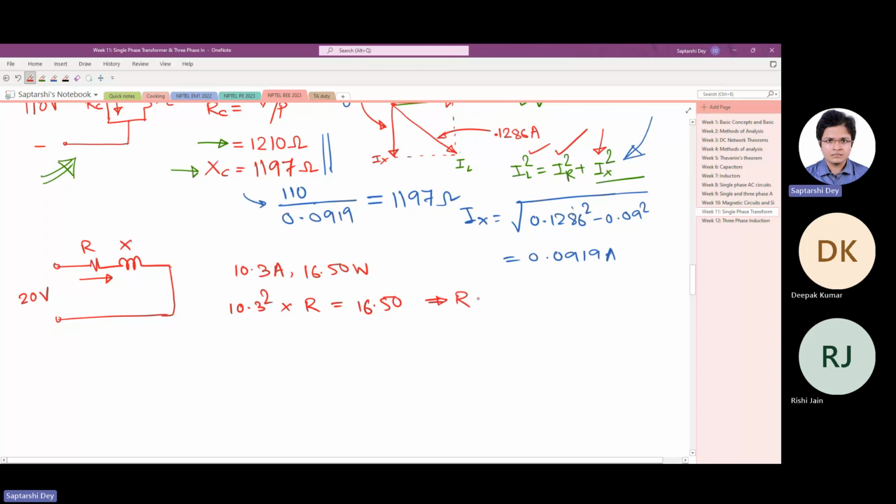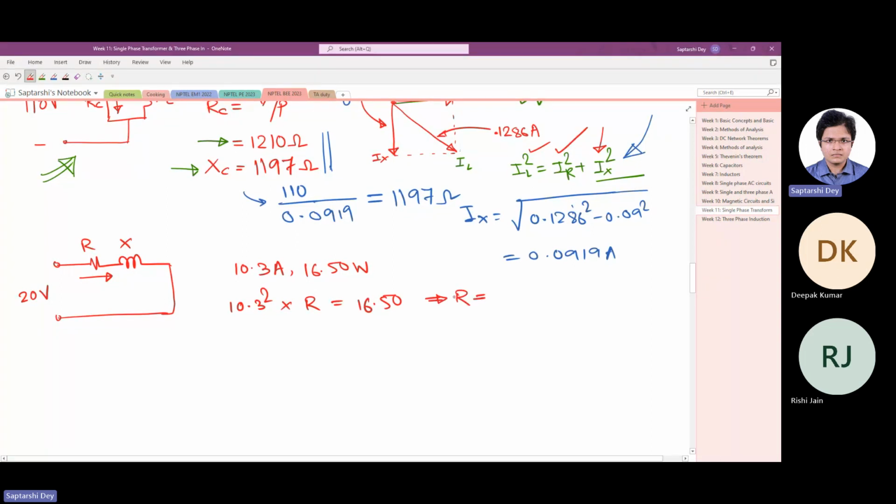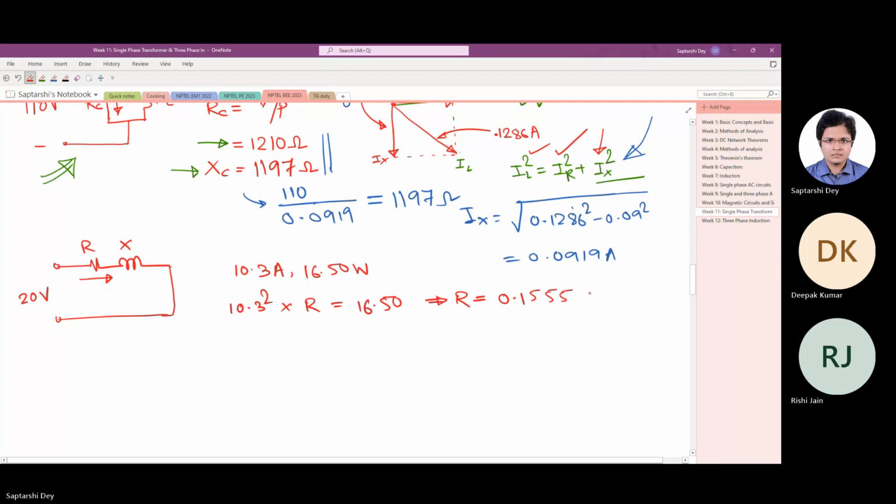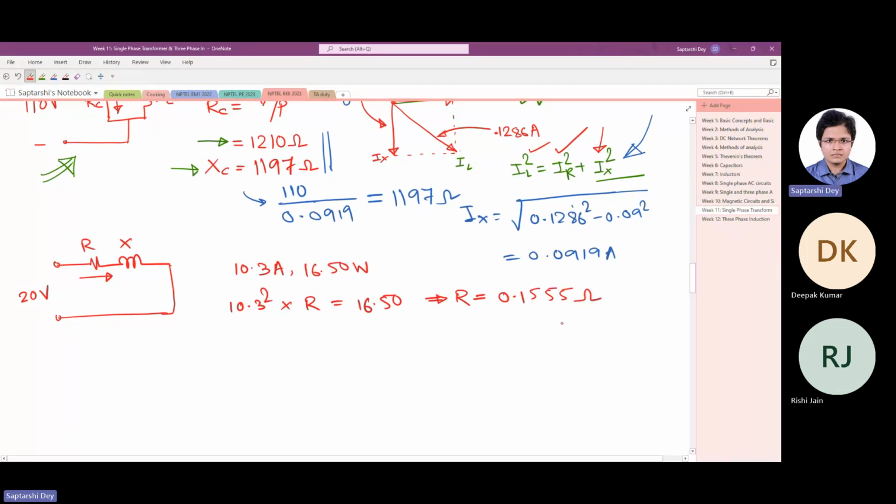Just verify that I am writing the values correctly. R should be this. Is it correct?